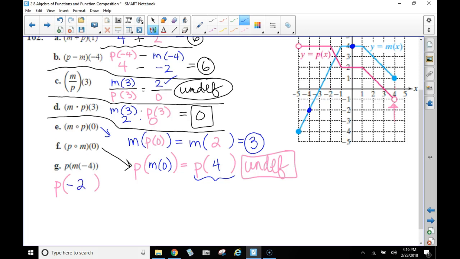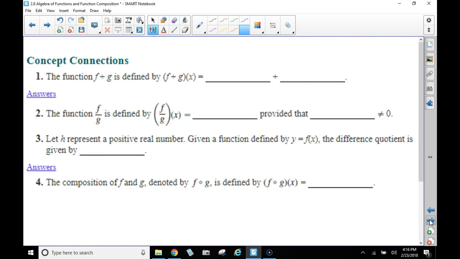So now this is telling us, go to your pink function, the P function, and what is our function value when x is -2 on our pink function? Right up here, our answer is going to be 4. Okay, so let's finish this on out.